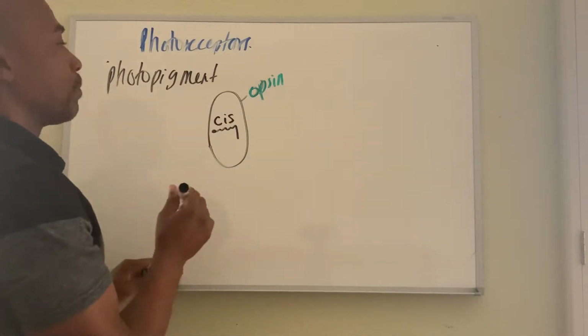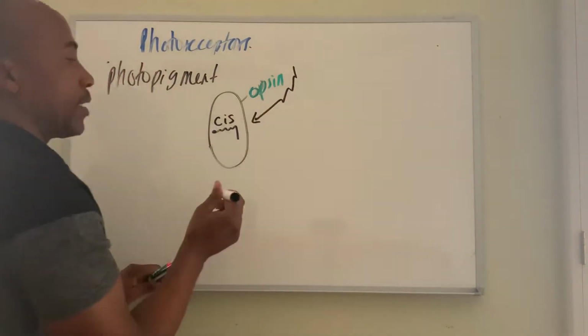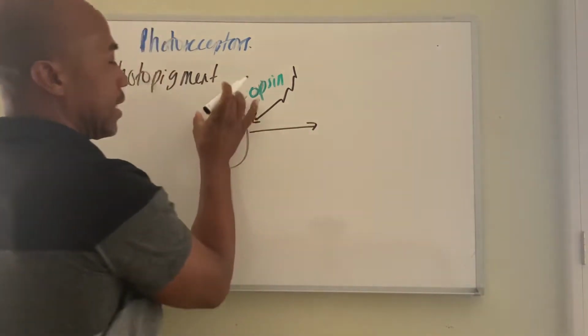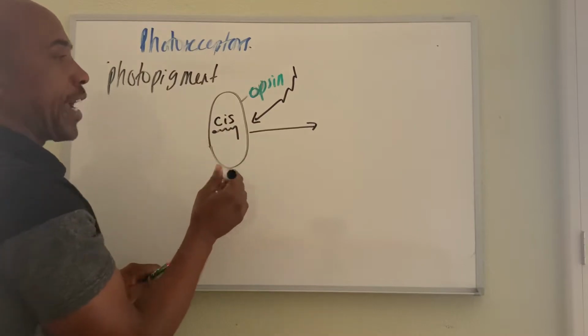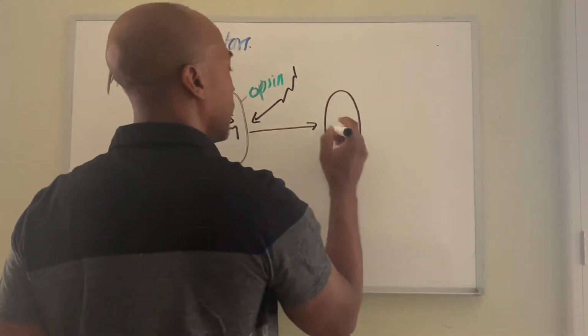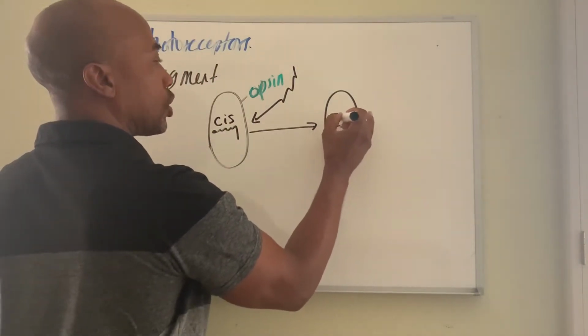So this is what happens. When light strikes the photopigment, it converts the cis retinol into trans retinol. So now you have this instead. Here's the opsin part, and now the retinol is like this, and it's transformed.